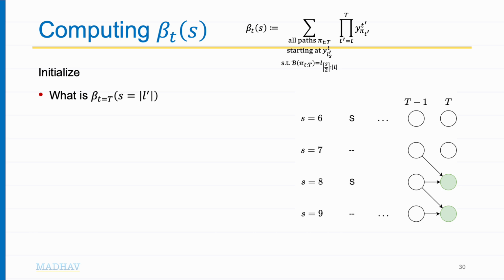Y t at S equal to 9. Okay, good. So S equal to 9 is blank basically. So Y at t equal to capital T and your output is blank. That is your beta at this node.